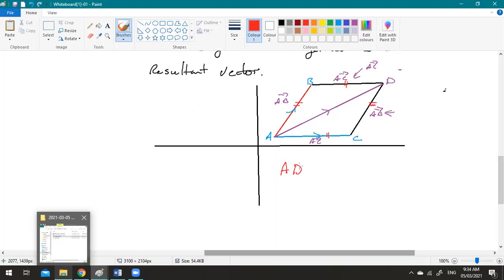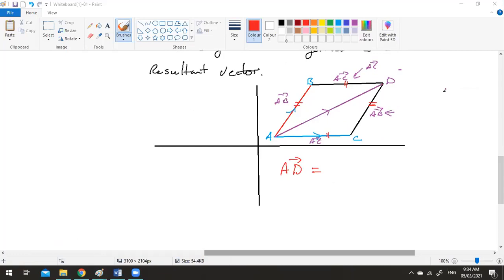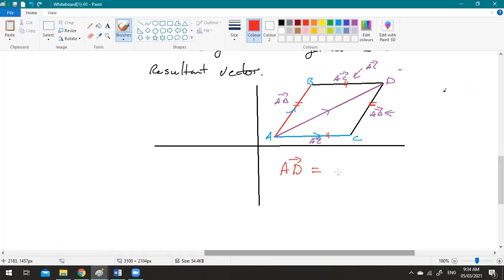So the resultant vector AD will be equal to AB plus AC, or we could write it in other terms if we are given the other side. So if we have BD, add CD.